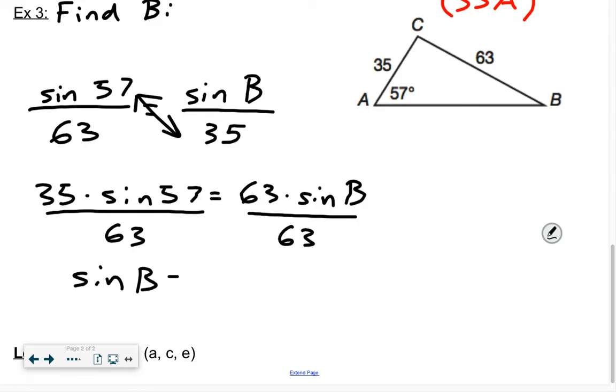I would like to finish this problem real quick. If we take 35 times the sine of 57, and then take that number and divide by 63, I'm coming up with 0.4659228 and so on. And again, how do I solve for big B? Inverse. Very good.